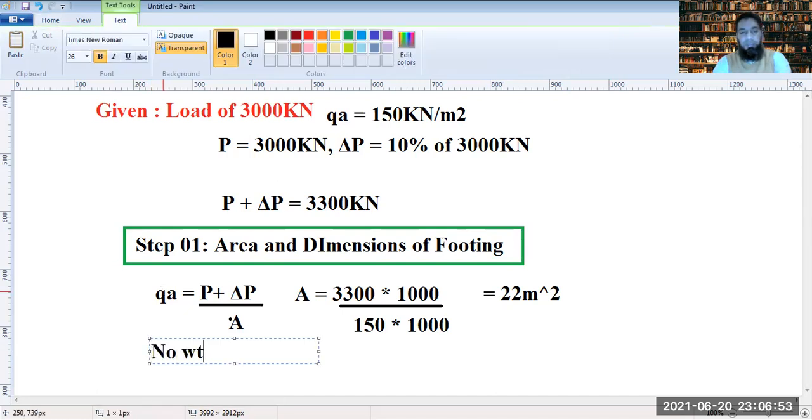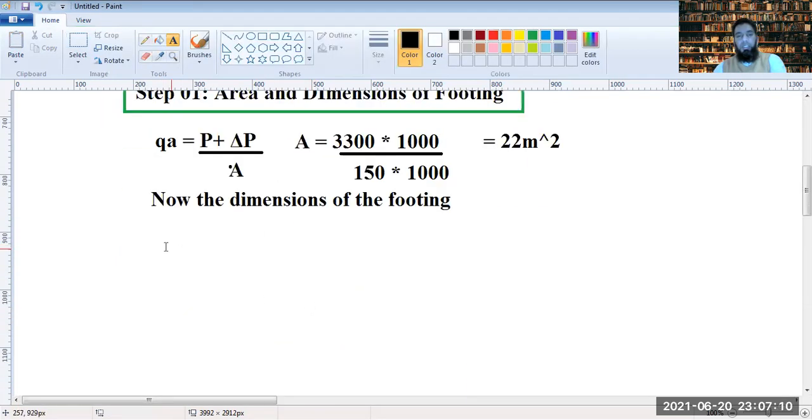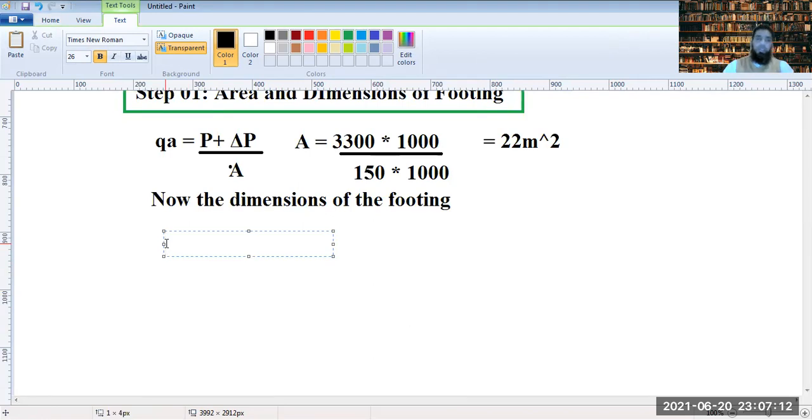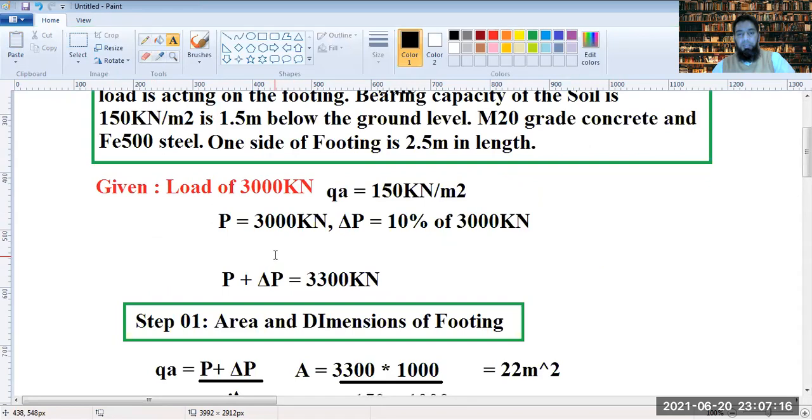Now the dimensions, how do you obtain the dimensions of the footing? This is very important. If you have 22 meters square and one of the sides is restricted to 2.5 meter, let's not restrict it to 2.5, let's change the question.